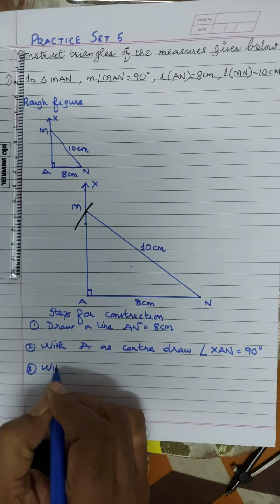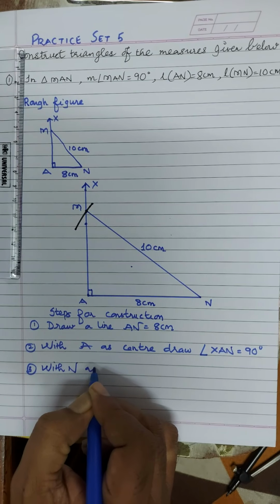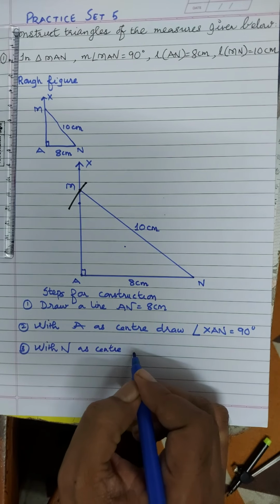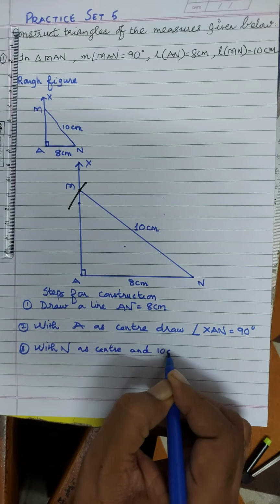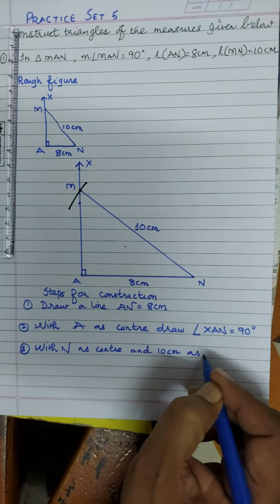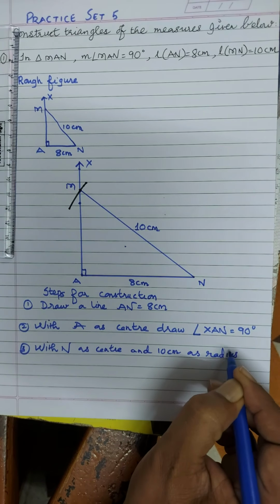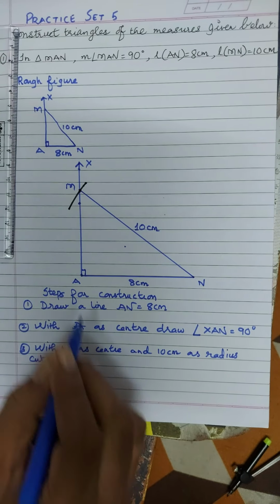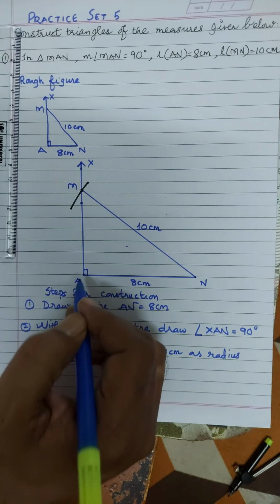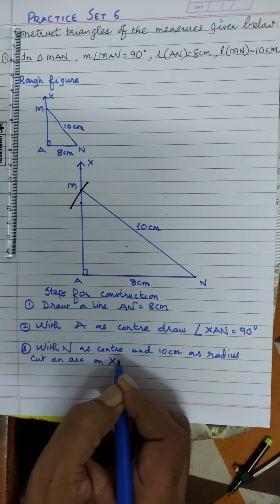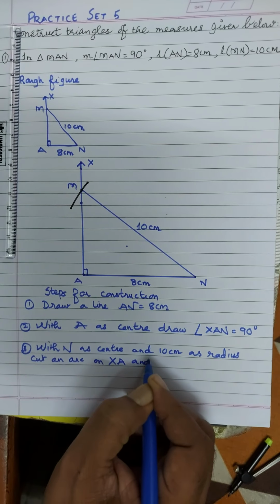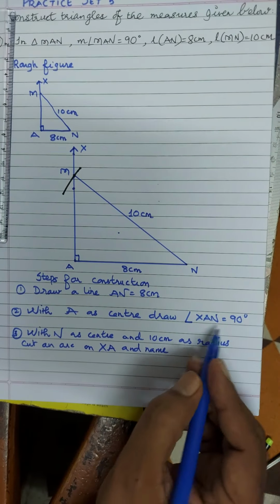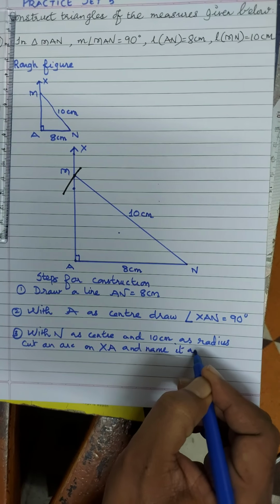With N as center and 10 centimeter as radius, cut an arc here on XA, and name it as point M.